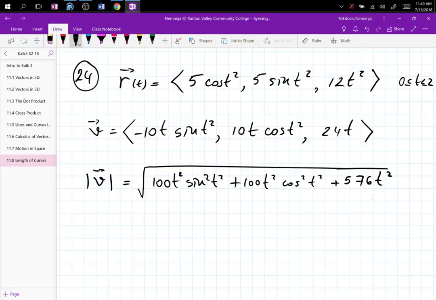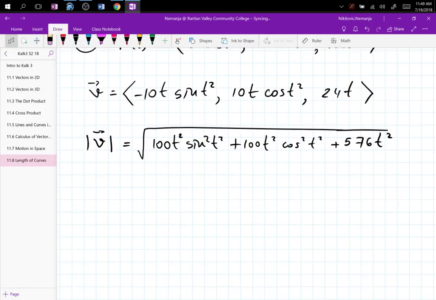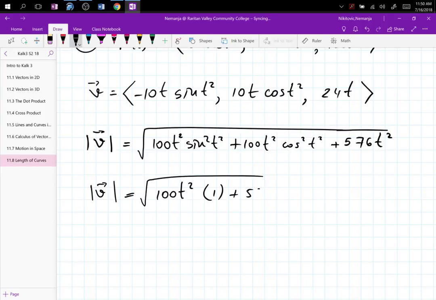There we go. Good. So now we factor out 100t squared. Sine squared plus cosine squared is equal to 1. So we have 100t squared times 1 plus 576t squared. That's going to give us t square root of 676.